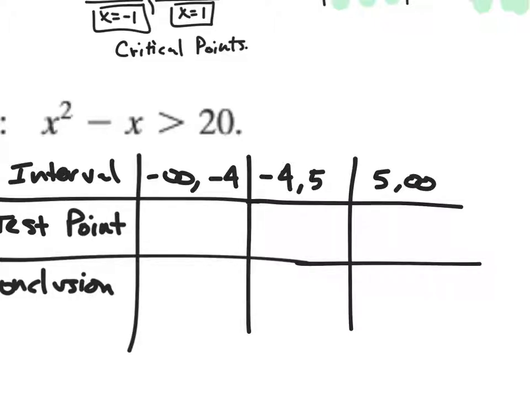Now my test point between negative infinity and negative 4 is going to be negative 5. I'm going to use the point 0 for my test point in that middle interval, and then I'm going to use 6. If I test the point negative 5, I get negative 5 squared minus negative 5. Is that greater than 20?